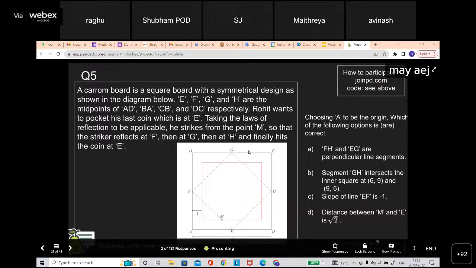Taking the law of reflection to be applicable, he strikes from the point M, just strikes from this point like this, so that the striker reflects at F, G, and H like this, moving the striker, and hits the coin at E. Now this information is given.